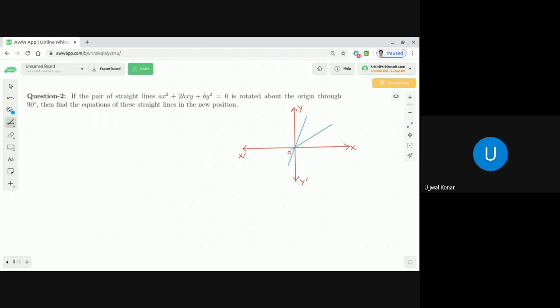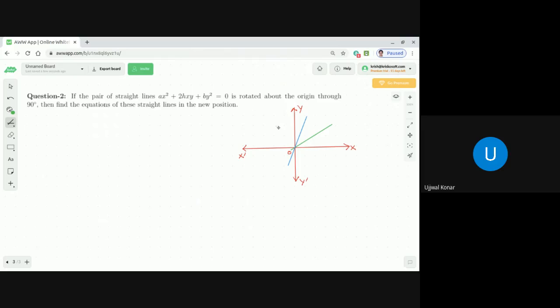Now both these straight lines, as shown in the green color and blue color, are jointly represented by ax square plus 2hxy plus by square equal to 0, and both of them are rotated by an angle of 90 degrees. That means the new position of the green one should be something like this.